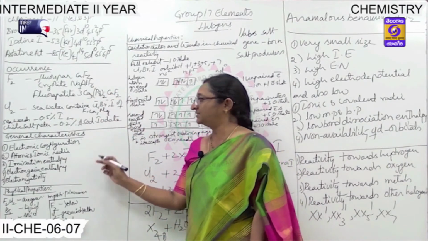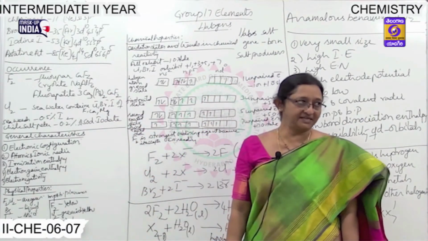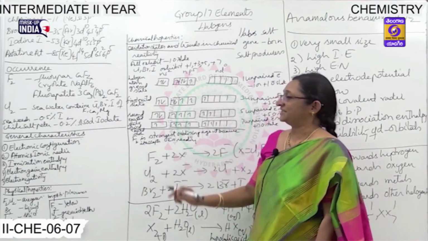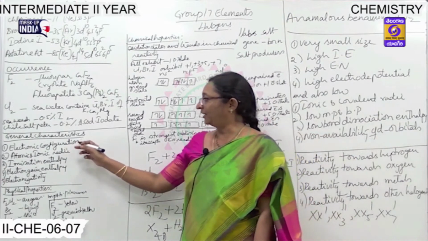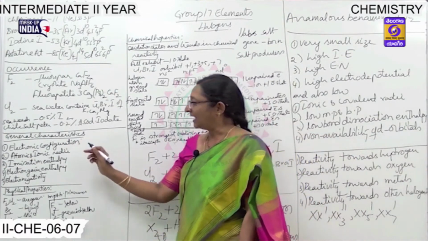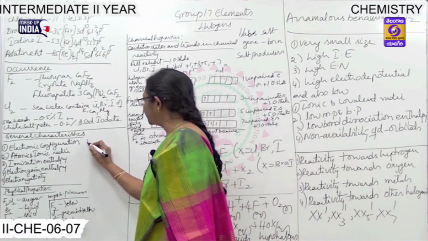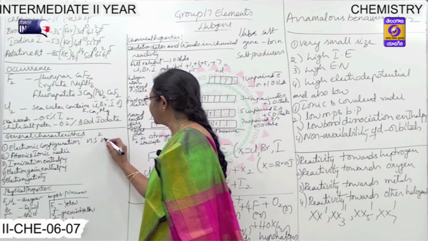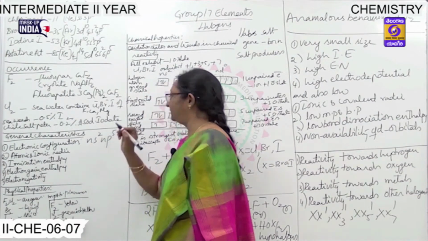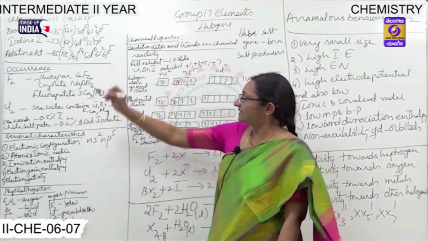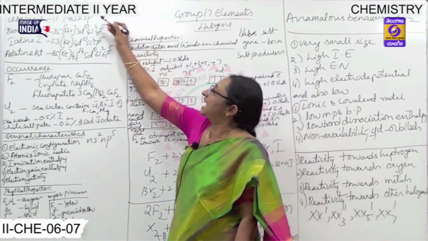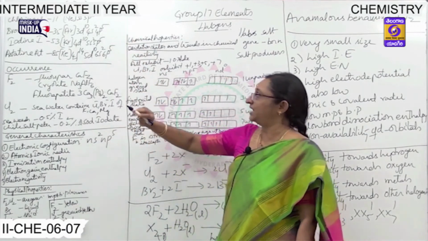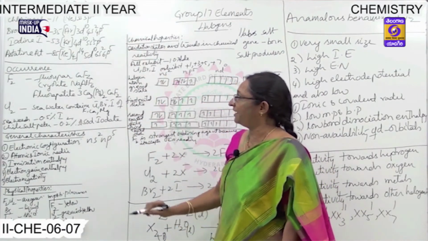Now let us see the general characteristics of group 17 elements. If you look at the electronic configuration, the halogens have the general electronic configuration ns2 np5. Look at the electronic configuration of these elements. Fluorine has the outermost configuration 2s2 2p5.